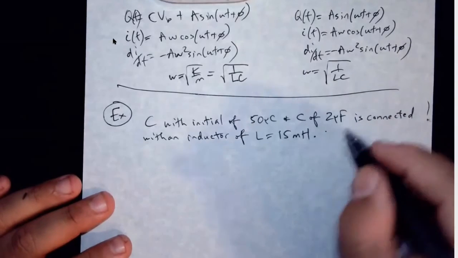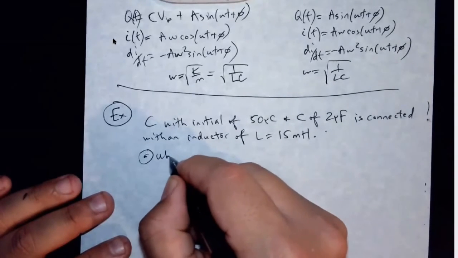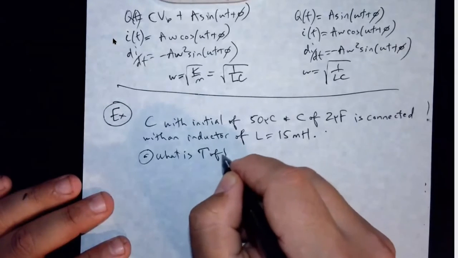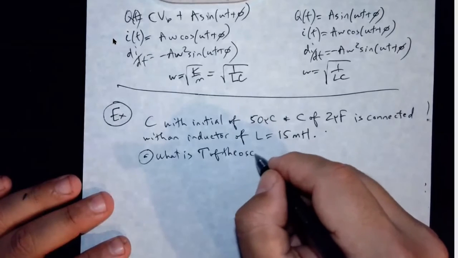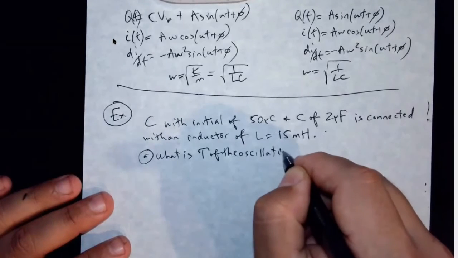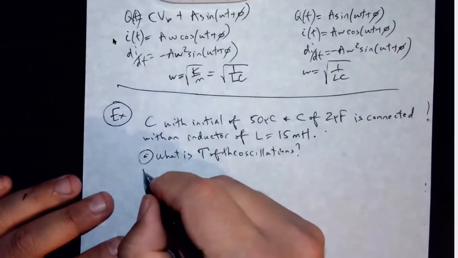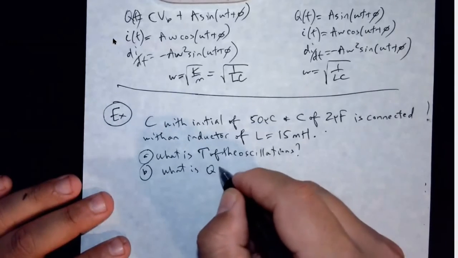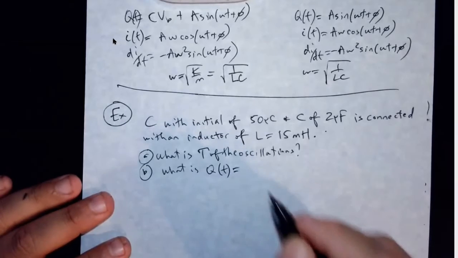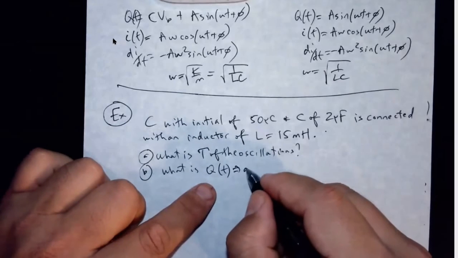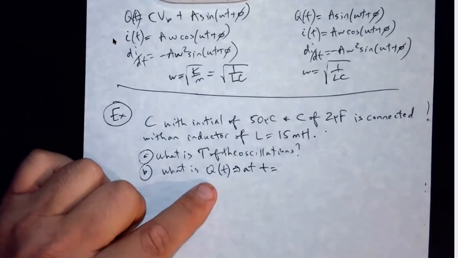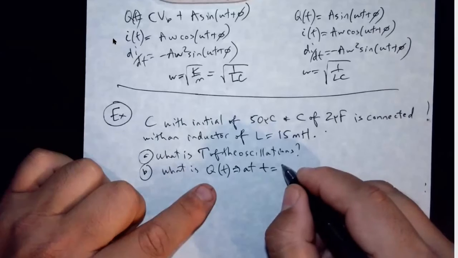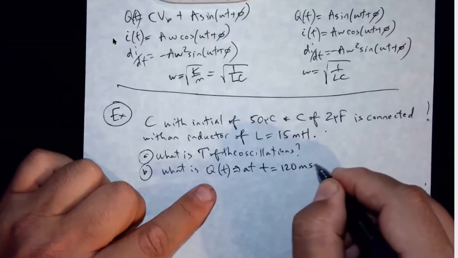What is the period of the motion? What is the period of the oscillation? What is the charge of the capacitor at t is equal to, let's say, 120 milliseconds?